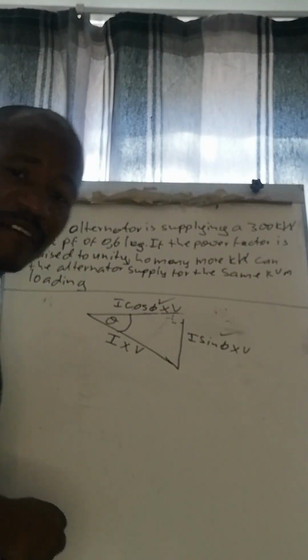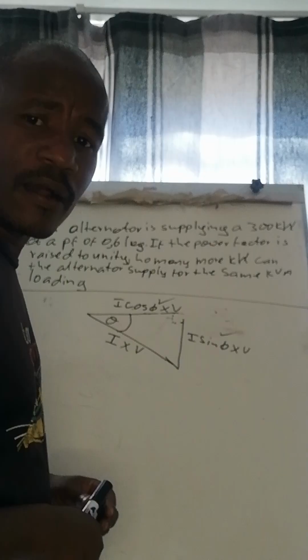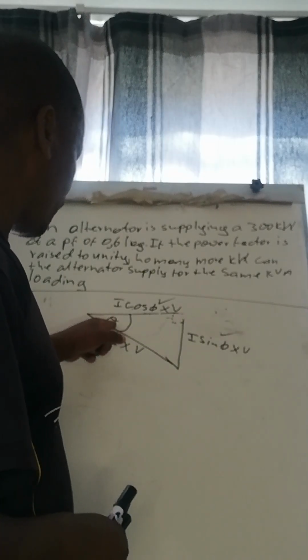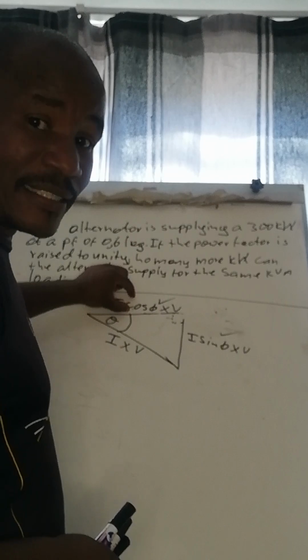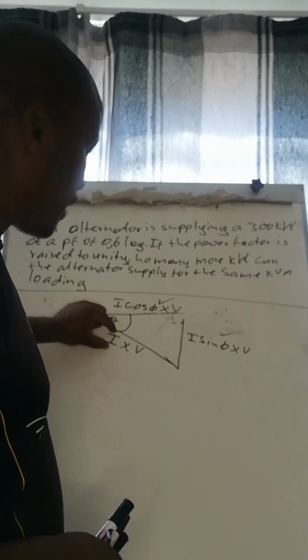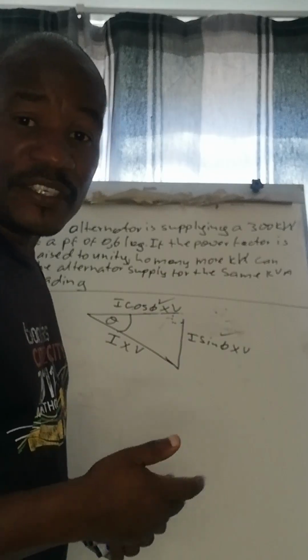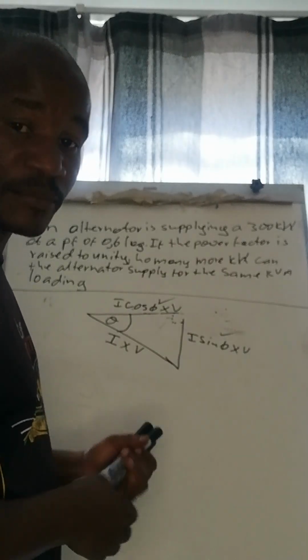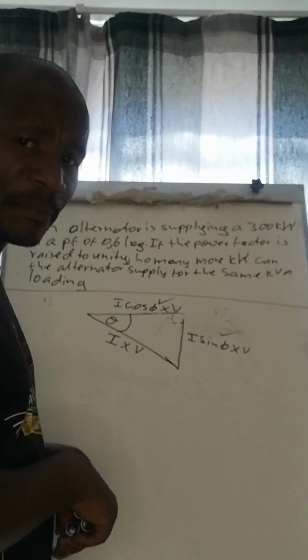It means power factor can also be expressed in the form of power, and it is the cosine between the active power and the apparent power. This is apparent power, and it is measured in VA, or kilovolt-amps if we deal with bigger numbers.